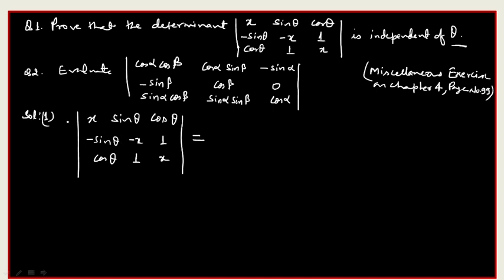If we take this particular row, the sign will be plus, minus, plus. Similarly, the next row will be minus, plus, minus, and then plus, minus, plus. This used to be the sign pattern, so by utilizing those signs we will be evaluating.